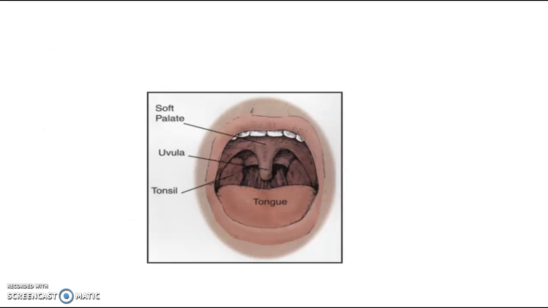And again, if you open your mouth and say ah, you will see the soft palate at the top of your mouth. And then behind the uvula, which is the thing that dangles down there, is your pharynx. The tonsils are on either side of it, and the pharynx goes down to about the level of your voice box. Okay, so that's the end of the upper respiratory tract.